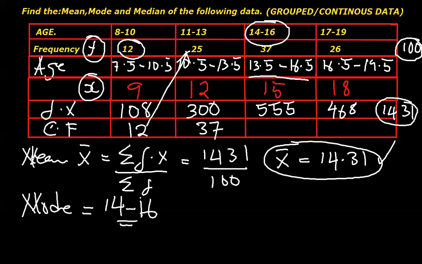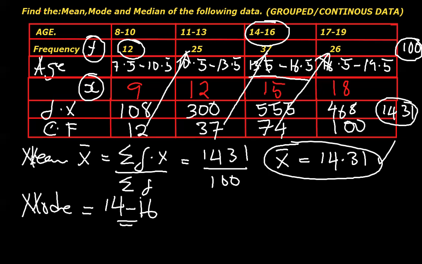Now 37 plus the frequency in the next group gives us 74. And of course, 74 plus 26 is going to give us 100. So you have the cumulative frequency.